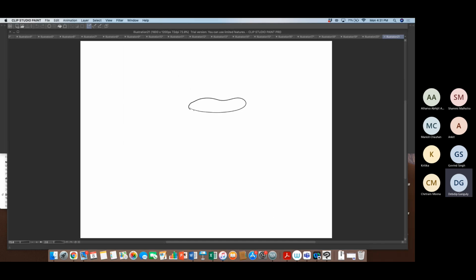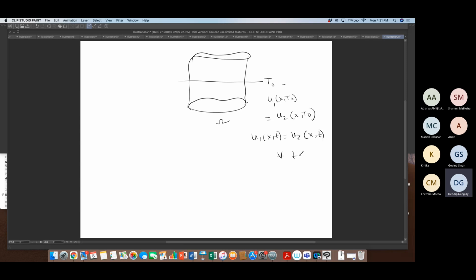Let's say this is your omega, at some t naught. We have u1 of (x, t naught) equal to u2 of (x, t naught). Then u1 of (x,t) equals u2 of (x,t) for all t less than t naught. This is a non-trivial theorem.